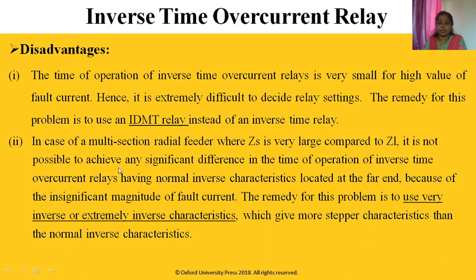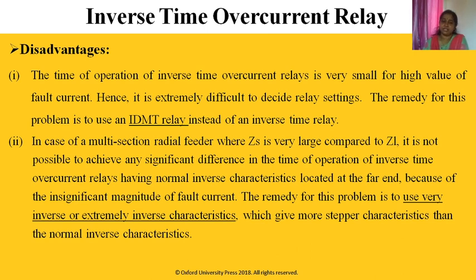It is not possible to achieve any significant difference in the time of operation of inverse time overcurrent relays having normal inverse characteristics located at the far end, because of the insignificant magnitude of fault current. The remedy for this problem is to use very inverse or extremely inverse characteristics, which give steeper characteristics than the normal inverse.